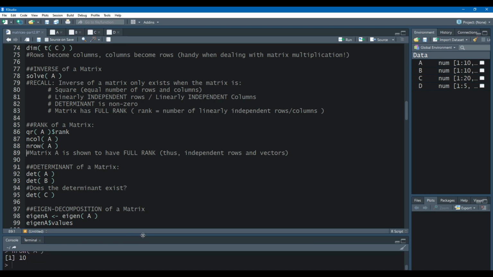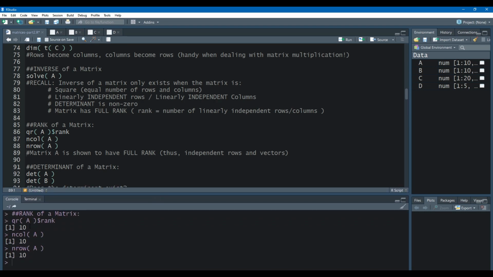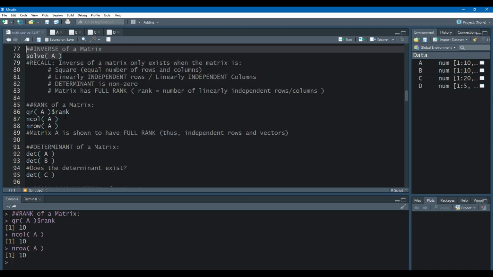It has 10 rows. We have a 10 by 10 matrix with a rank of 10. This indicates that matrix A has full rank. Thus it has independent rows and independent columns. So it satisfied the linear independence, it is square, it has a non-zero determinant, and it's of full rank. That's how we were able to take the inverse of a matrix.